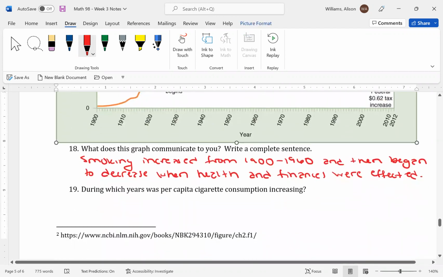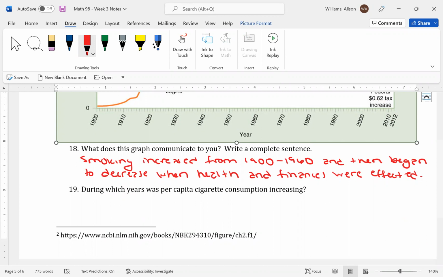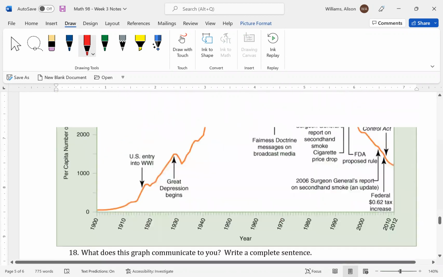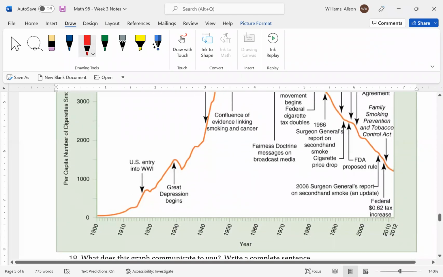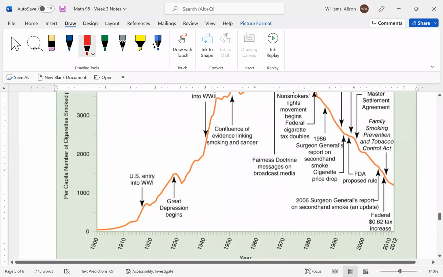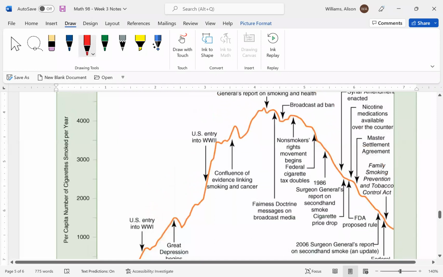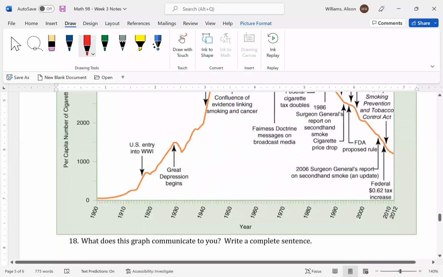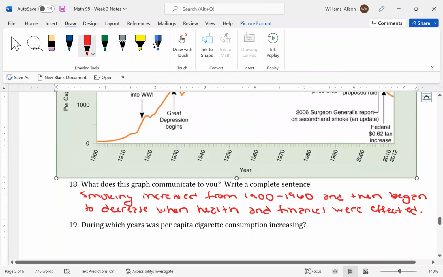So during which years did the per capita cigarette consumption increase? Well, several periods. So I'm going to say, even though there were drops, really it was all the way from 1900 up until 1963 or so.